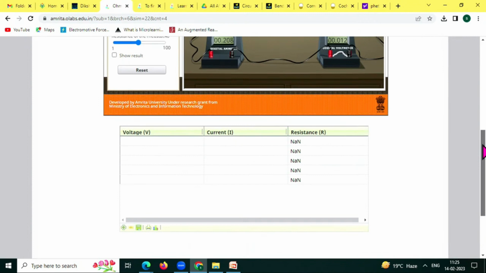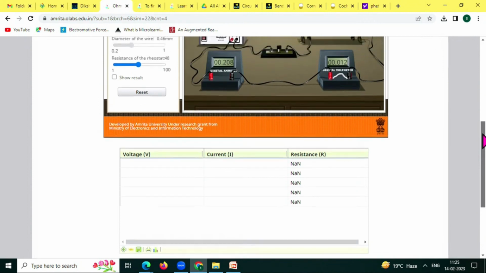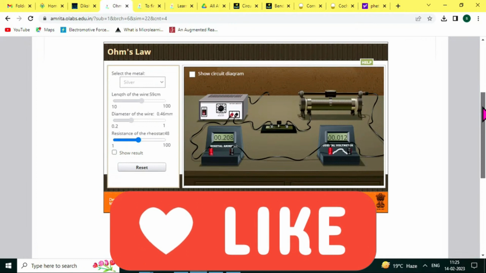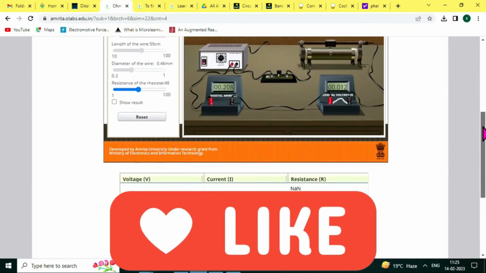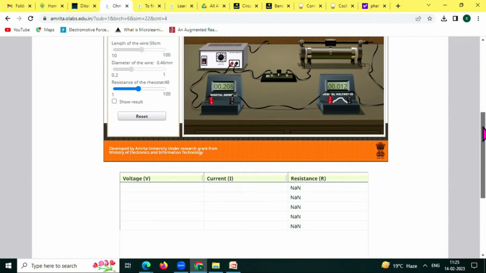Look here. After making connections, after making the circuit diagram, it is not like the circuit is completed and my work is done. Now, each student can make their own observation. Observation tables are provided. What is the value of voltage here?